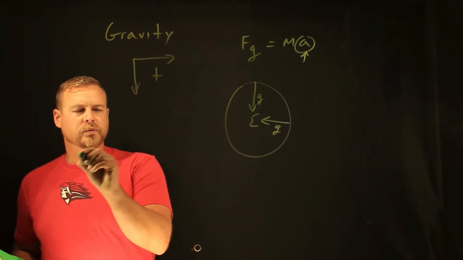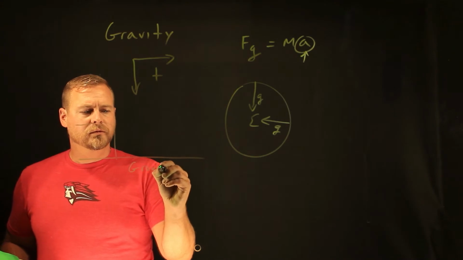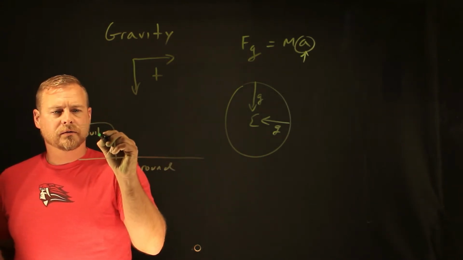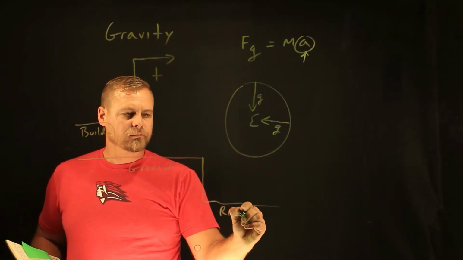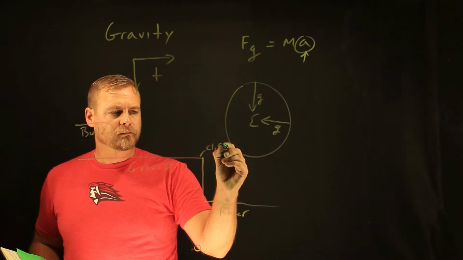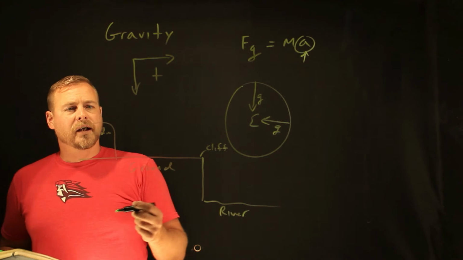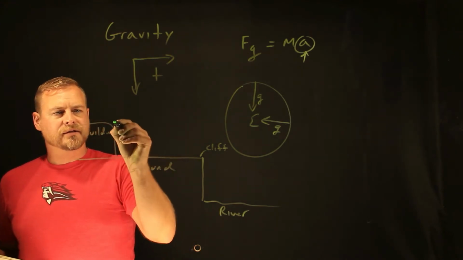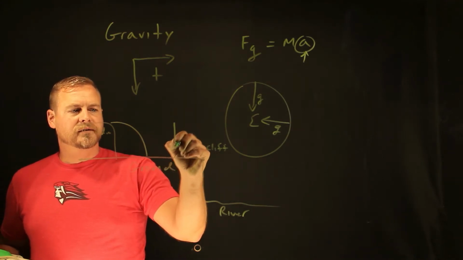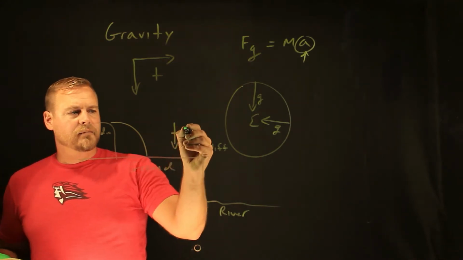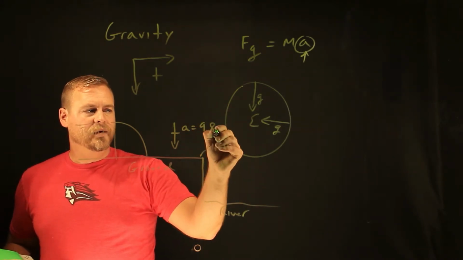Now, oftentimes when we do problems, we're dealing with a ground and a building. Sometimes we're dealing with a cliff. And it's going to be important to understand which reference point you're going to use. Now, if you are dropping things down and everything is going to happen in this area, then it makes a lot of sense to call down positive. That makes acceleration down also 9.8 meters per second squared.